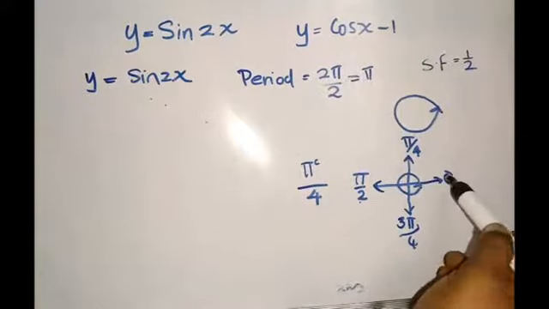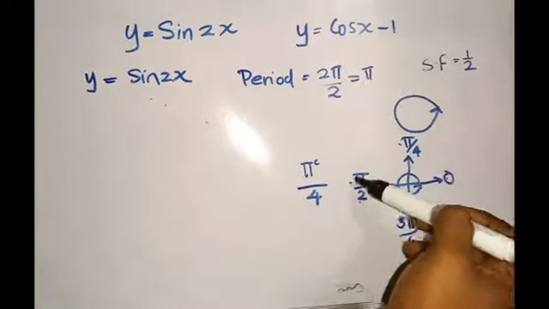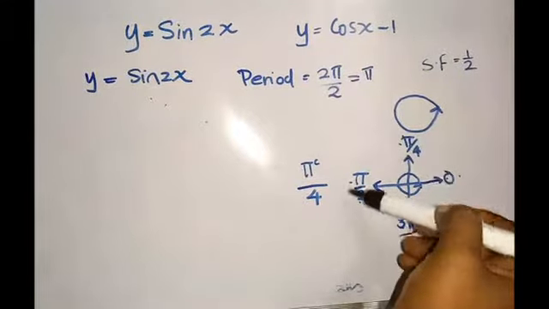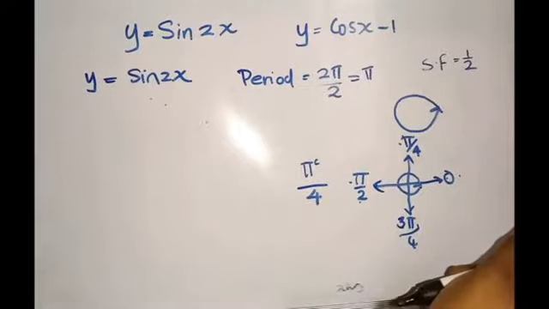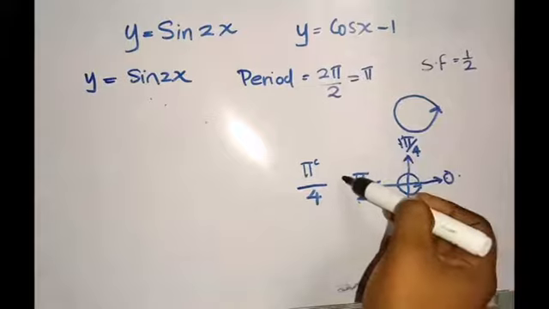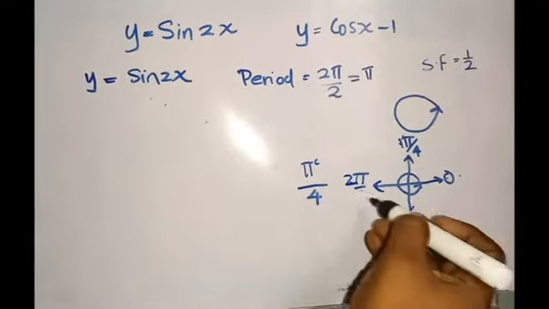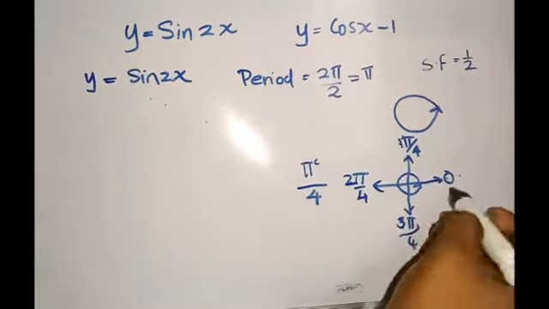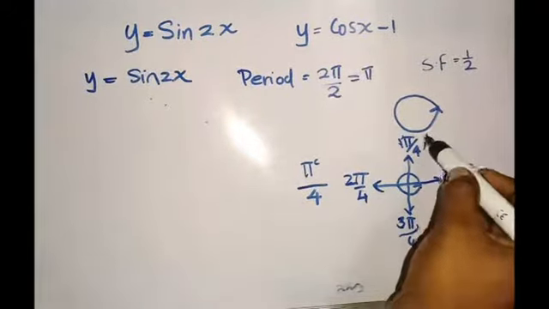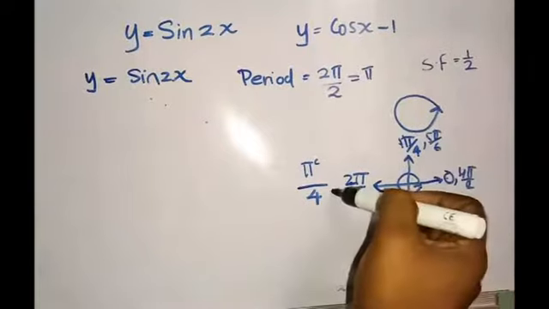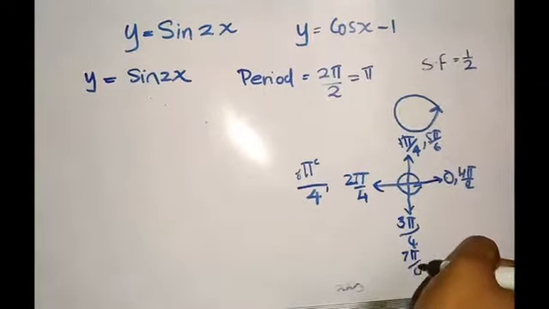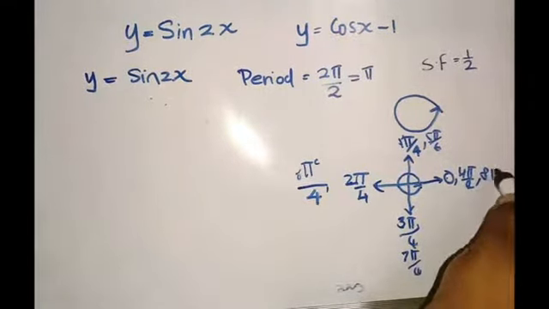In a simple way we can say 1 pi by 4, 2 pi by 4, 3 pi by 4, 4 pi by 4, 5 pi by 4, 6 pi by 4, 7 pi by 4 and 8 pi by 4. It's very simple.